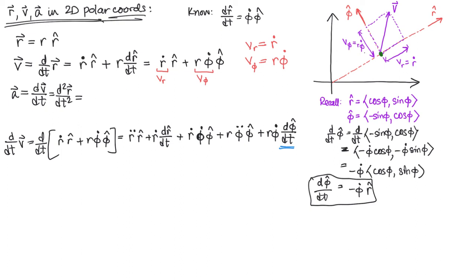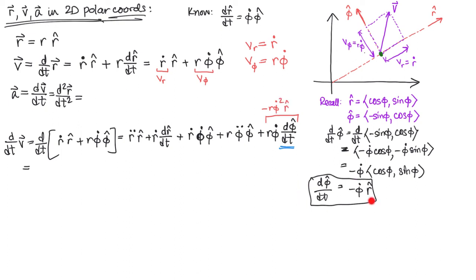So now we're basically just in need of some algebra. Okay, we're going to try to group terms here, and we'll do it in the following way. We'll recognize that this final term, r phi dot times the time derivative of phi hat, can be written as minus r phi dot squared r hat.